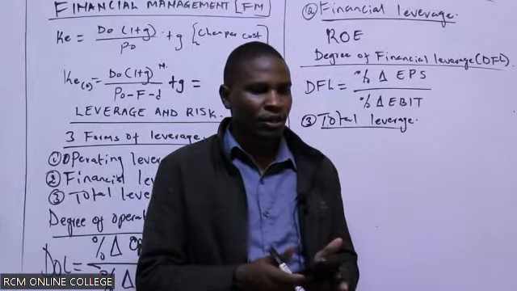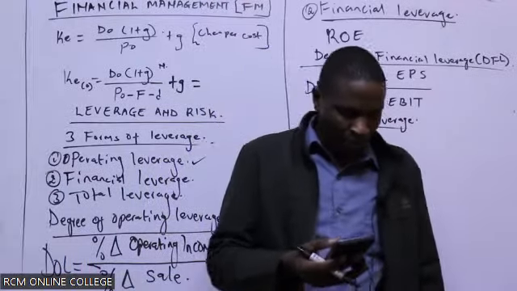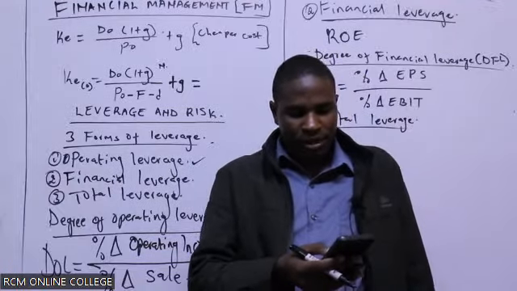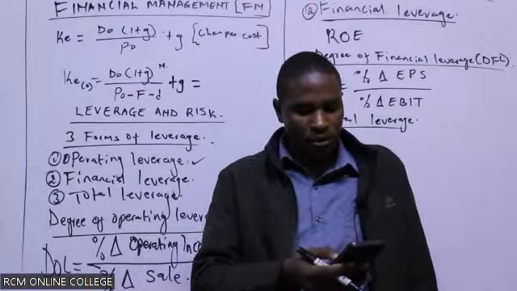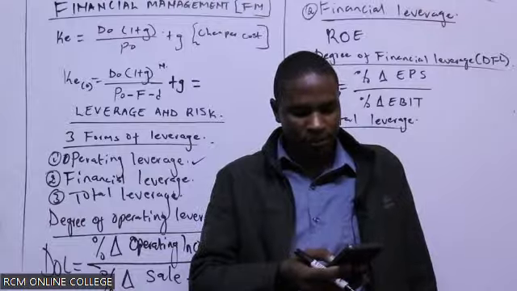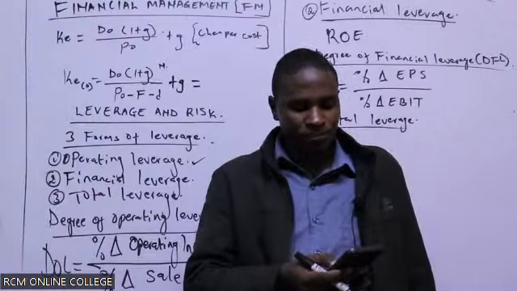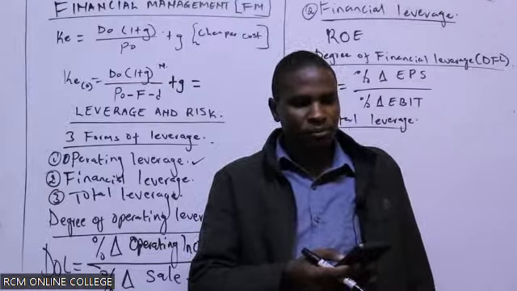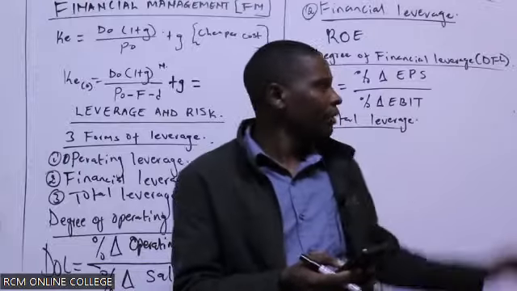Hiyo ya mwisho tumesema tu, it's just a matter of picking the high level concept. You say that it indicates how a company's EPS can change in response to a change in EBIT.